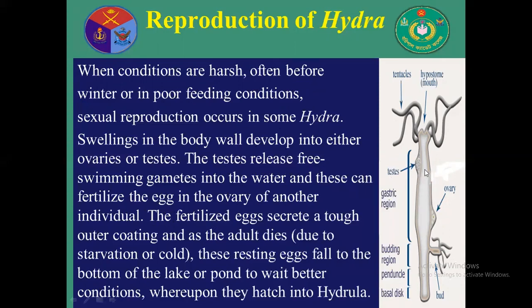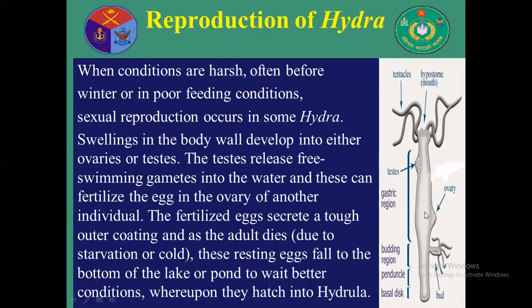Actually, testes and ovaries are produced in the same body, but they do not mature at the same time. So there is no self fertilization; cross fertilization occurs. To increase the number of offspring, you need another hydra. The testes are situated in the upper part of the body, and the ovary in the middle part.